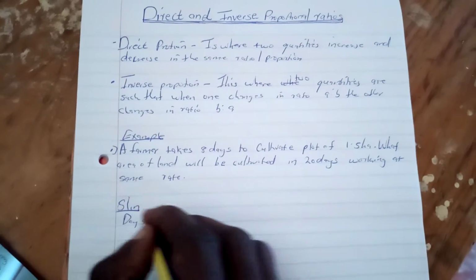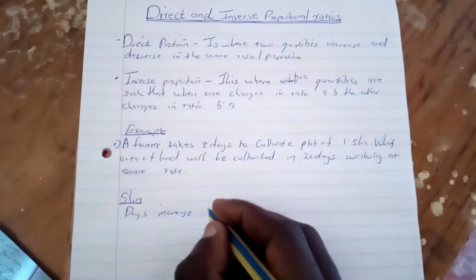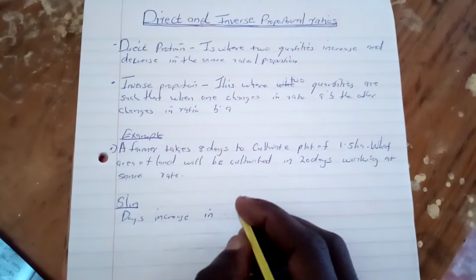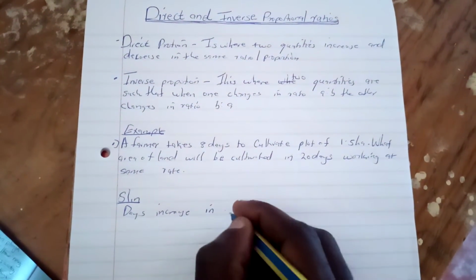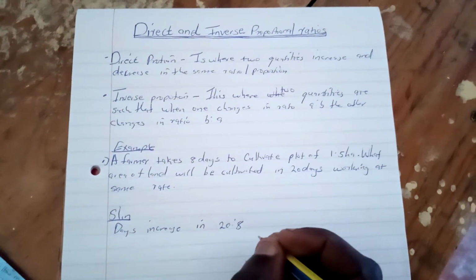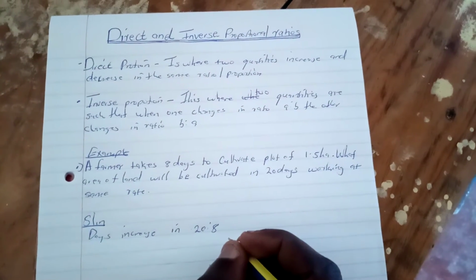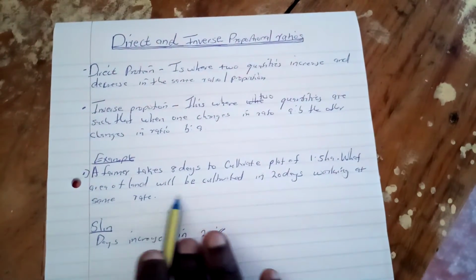Days increases in the ratio 8 days, and then in the ratio of 20 to 8. So the area now will be, what area of land will be cultivated?